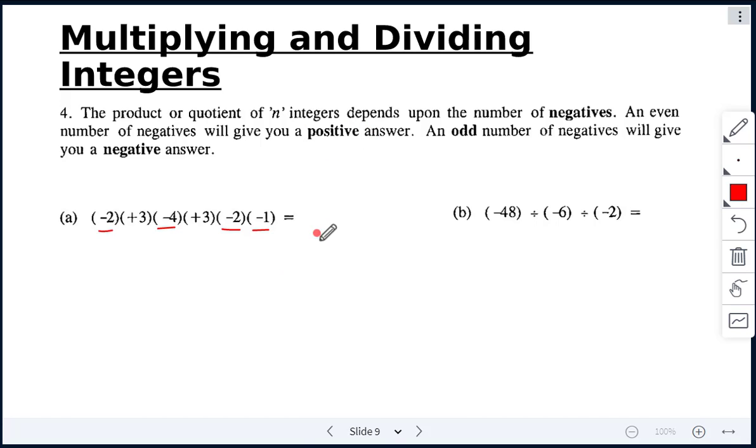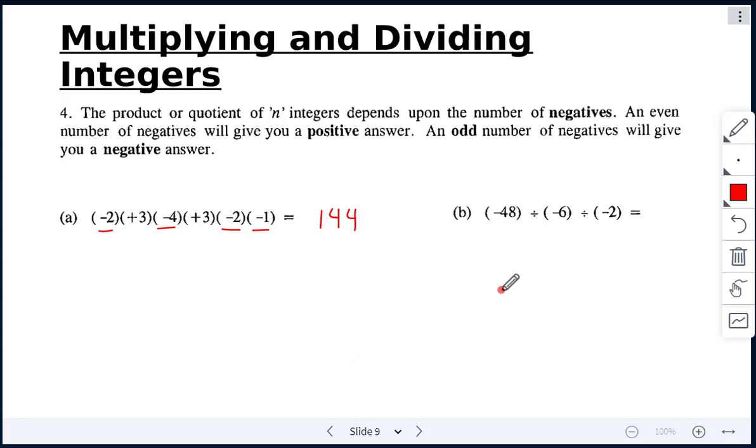Right away you know it's going to be a positive answer. Now you can just go ahead and multiply. So 2 times 3 times 4 times 3 times 2 times 1. And that gives us 144. Because we already counted how many negatives there are, we already know it's going to be a positive answer.